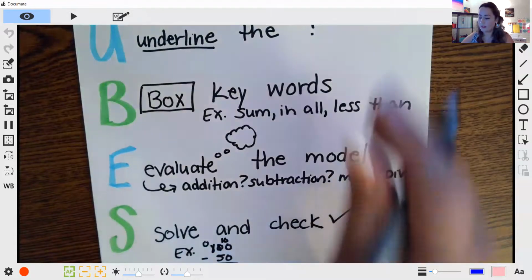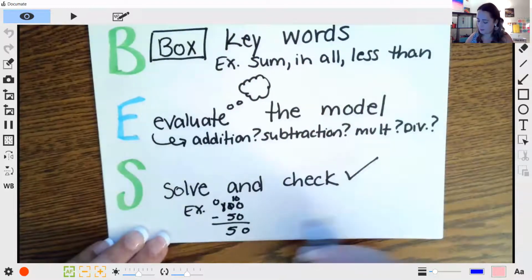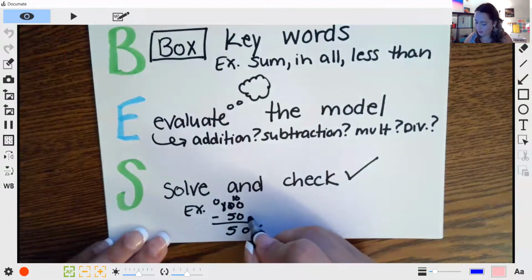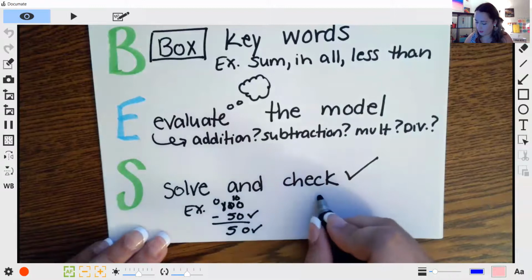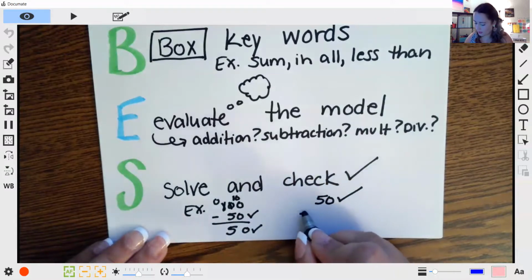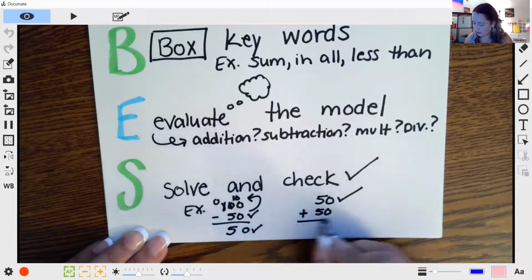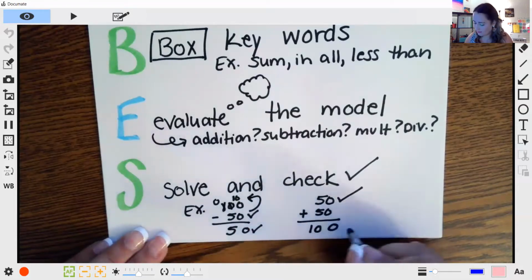So I got 50 as my answer. But in order to check it, I'm going to use what I got plus what I subtracted. So I'm going to add 50. I'll put a little check mark over here so that you know I'm checking it. 50 plus this 50, and I should get what I started with, which should be 100. So 0 plus 0 is 0, 5 plus 5 is 10.